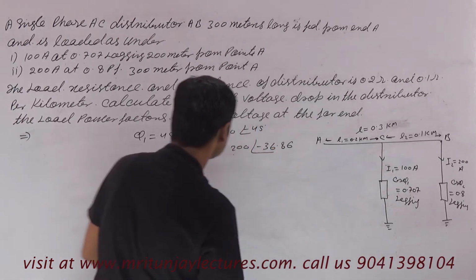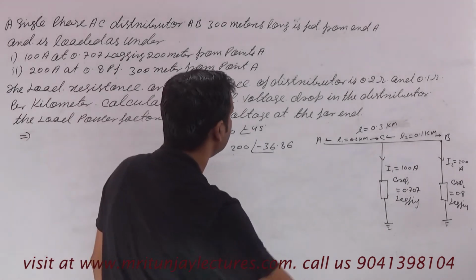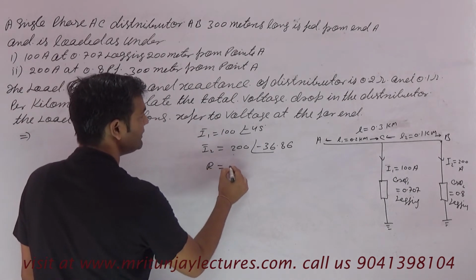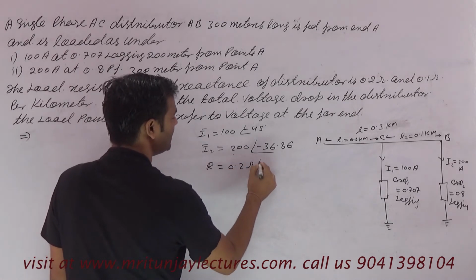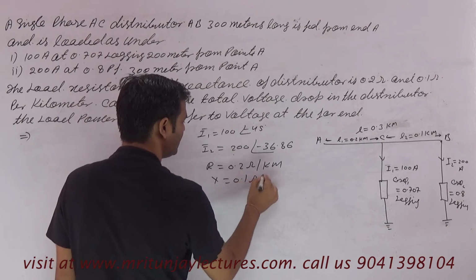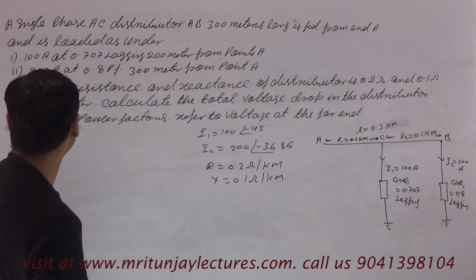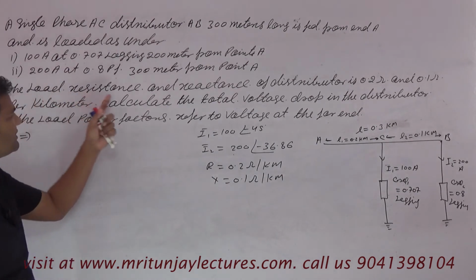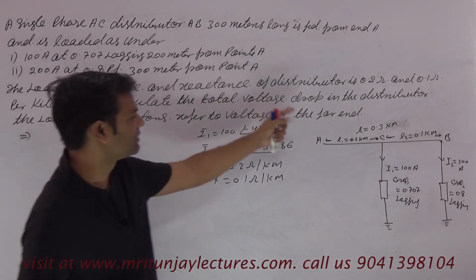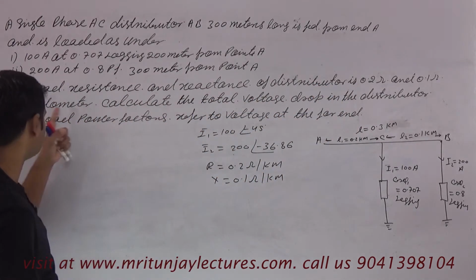Clear? R is written as 0.2 ohm per kilometer, and X is 0.1 ohm per kilometer. Clear? So first of all, our motto is to determine the resistance and reactance of the distributor.